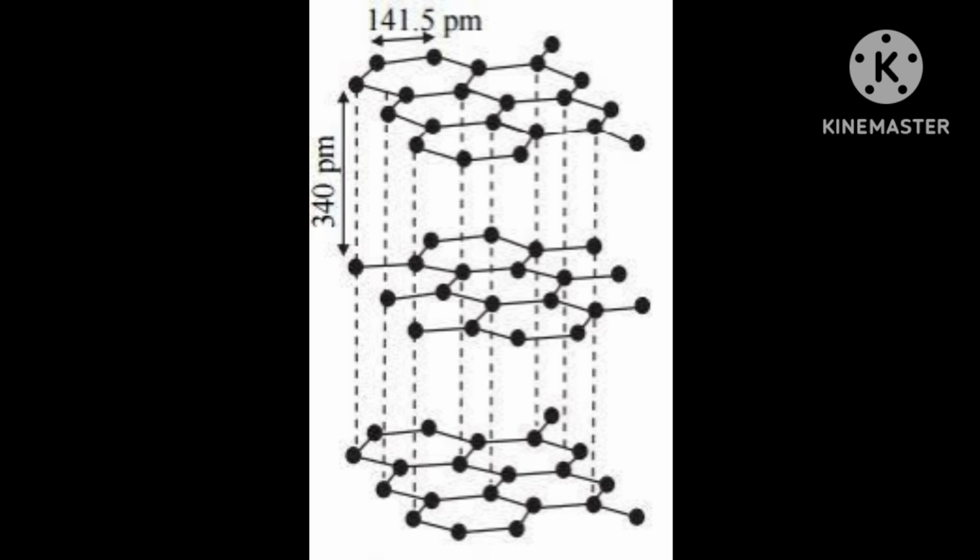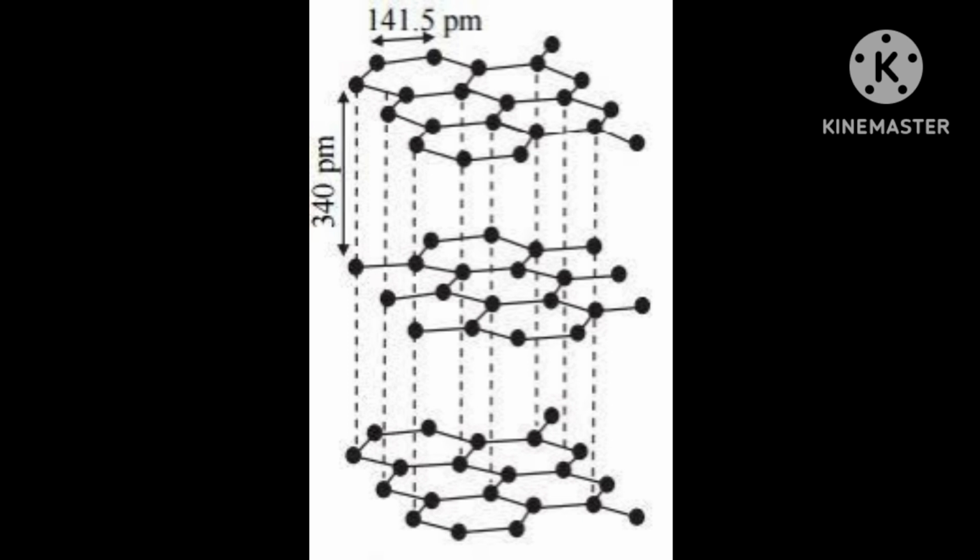All seven that I told you: cubic, trigonal, orthorhombic, hexagonal, rhombohedral, monoclinic, triclinic. In all of them the condition of sides and angles are different. I will tell you, and I will tell the examples also.